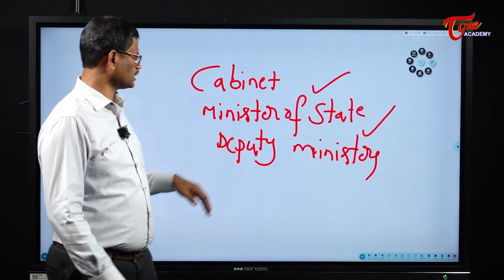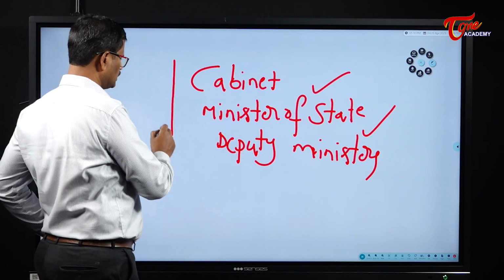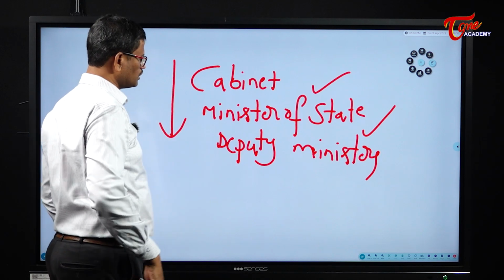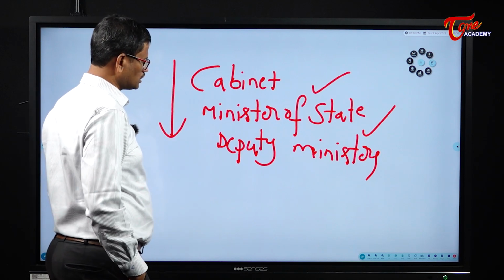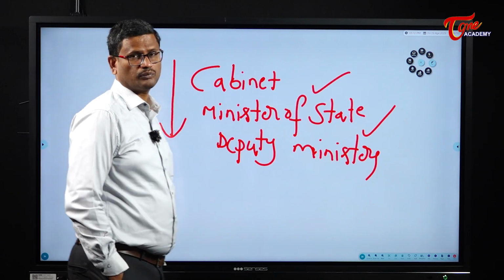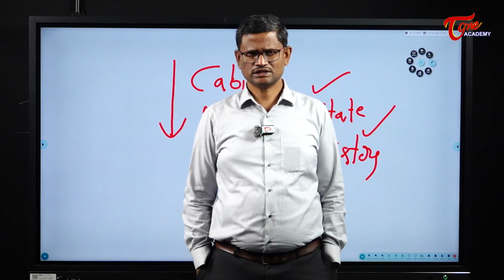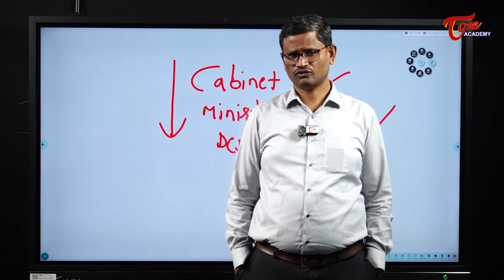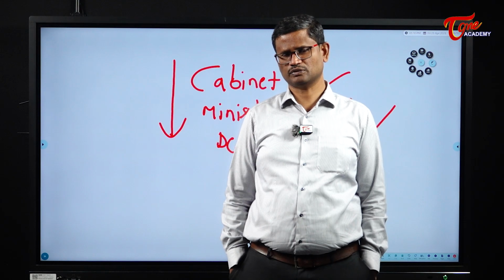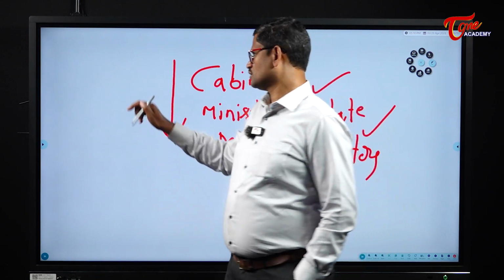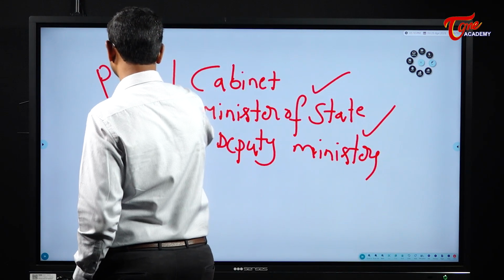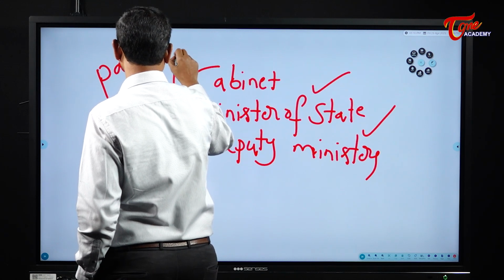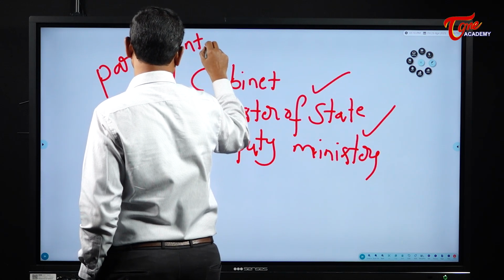So in terms of ranking, this is the descending order. Cabinet Minister will have a higher rank, followed by the Minister of State and then the Deputy Minister. And to assist the Cabinet Ministers in the work of legislative responsibilities, there is also appointment of parliamentary secretaries.